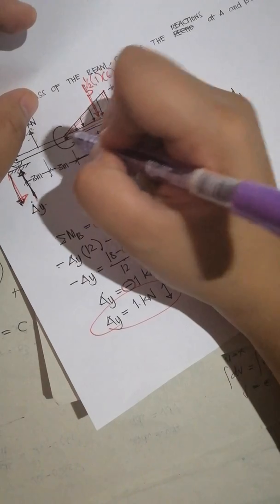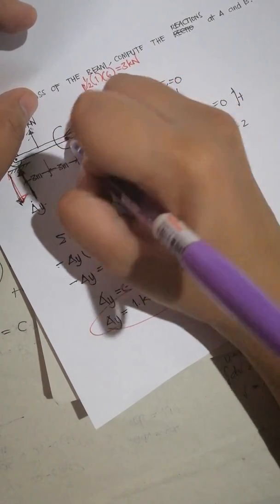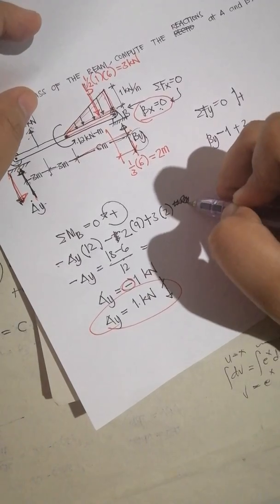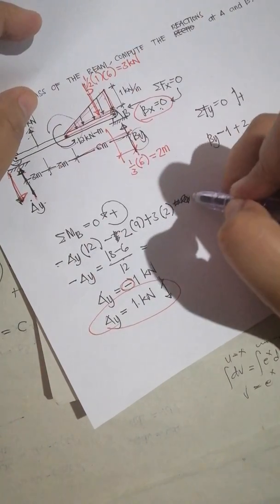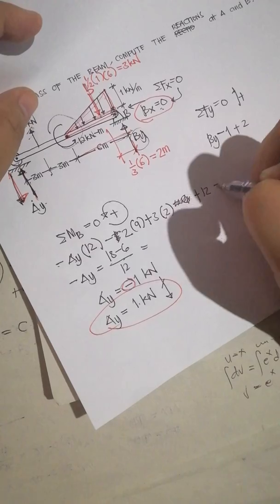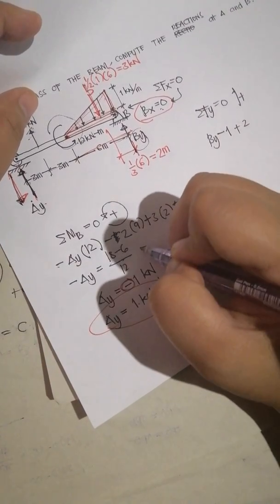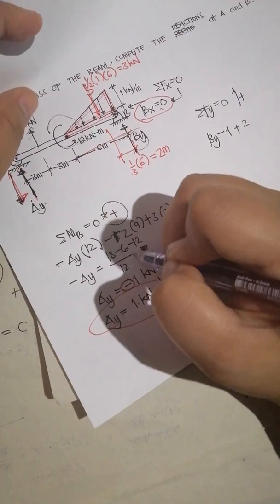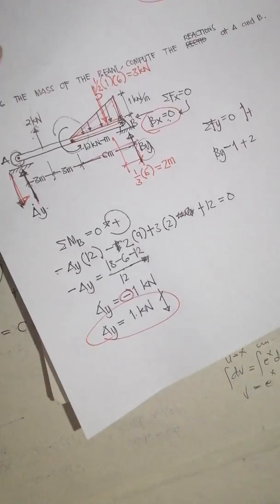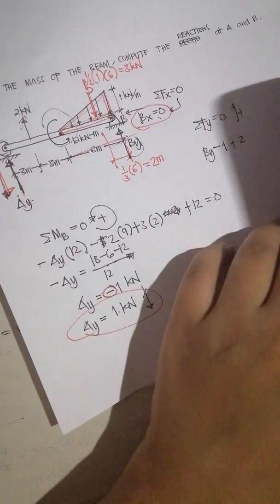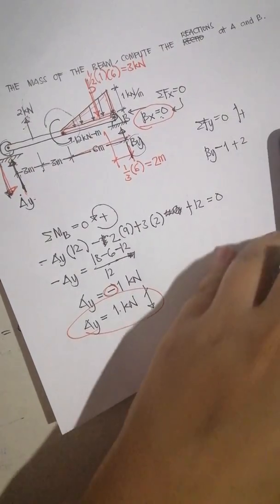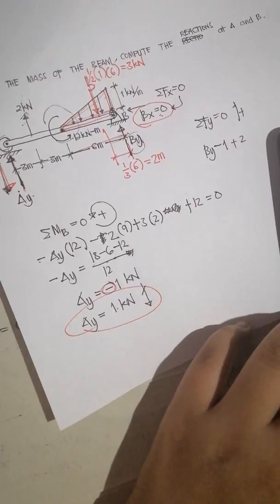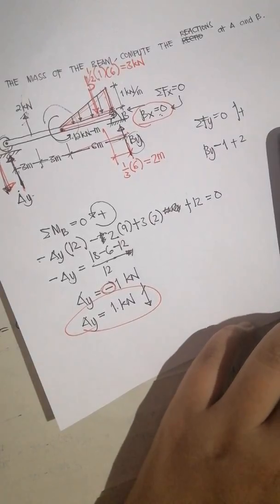We still have the 12 kilonewton-meter moment at this point, so it's also part of this equation. Let me correct that: since it's counterclockwise, we have positive 12 equals 0. So this should have been minus 12. 18 minus 6 minus 12 over 12.